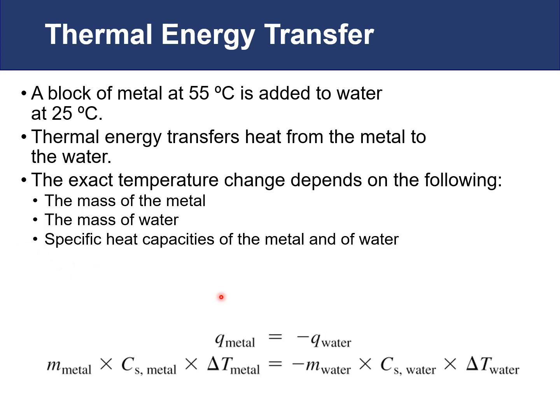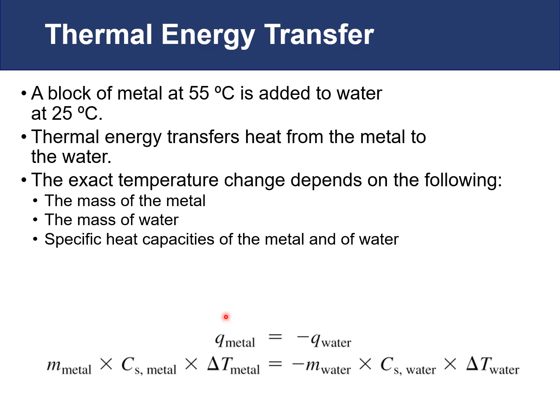Now, we previously said that via the first law of thermodynamics, energy can't be created or destroyed. So the energy that comes out of the metal goes into the water. So the hot object, the metal, loses some thermal energy. The water picks it up. Now you'll notice that there's a difference in sign. And again, remembering that Q is the variable that we use to represent heat.